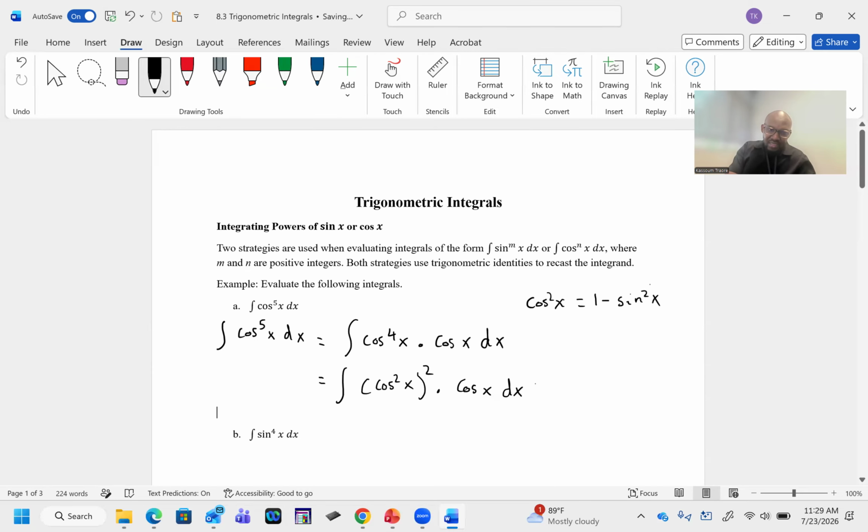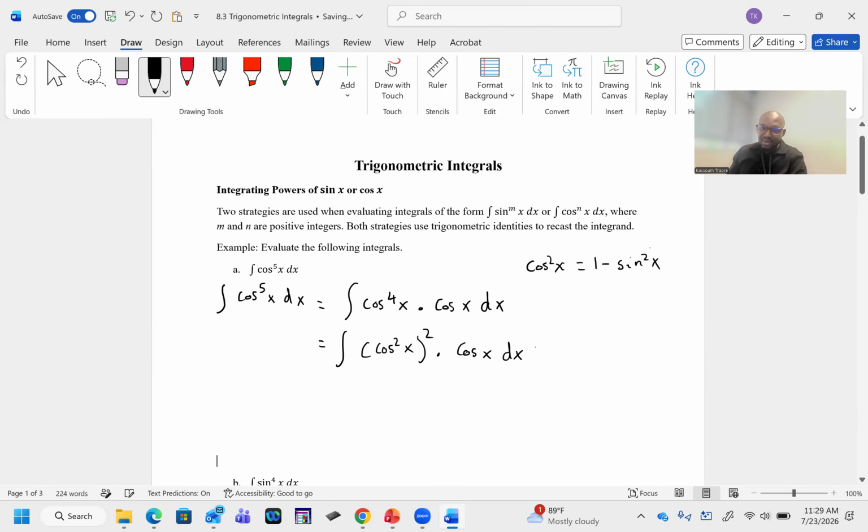You can see I haven't changed anything yet. I'm still working on my previous one, so I'm just rewriting. Again, I know I have to get a sine here. So if I do my u substitution, I would have u is sine x, then du will be this one. That was the goal. Do you understand?